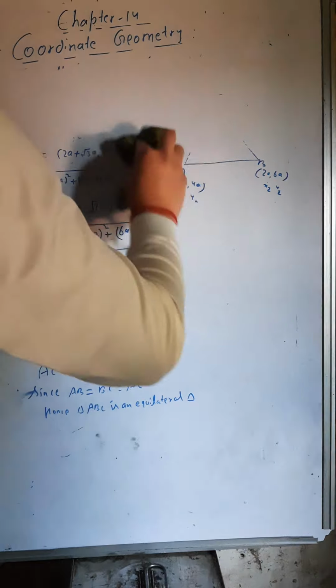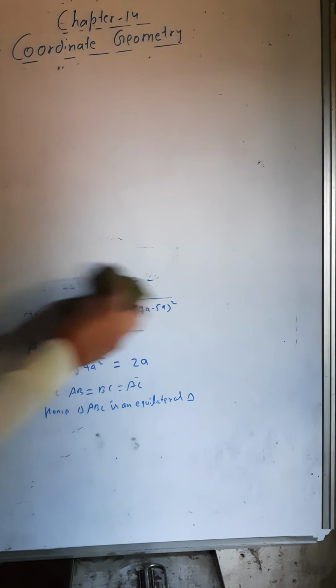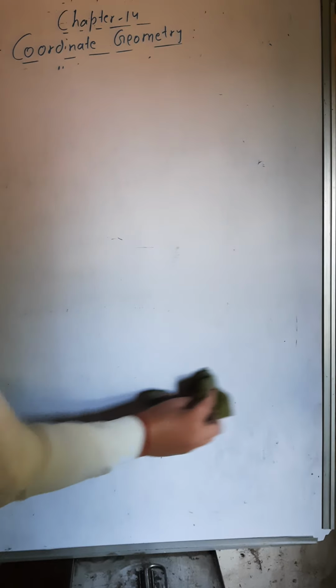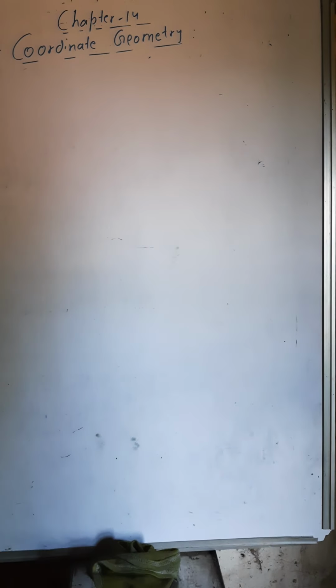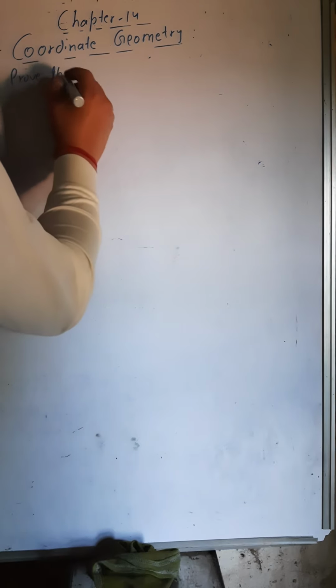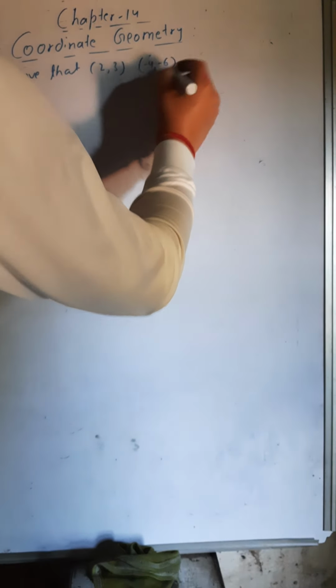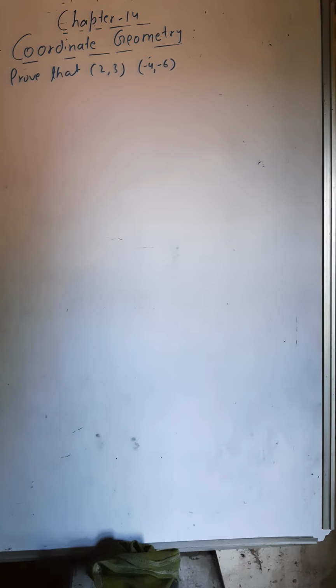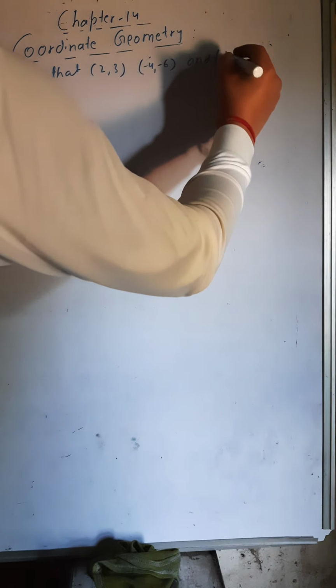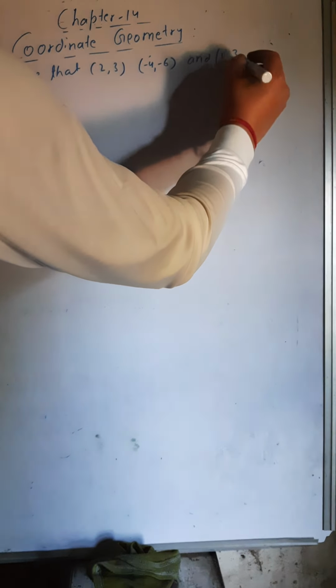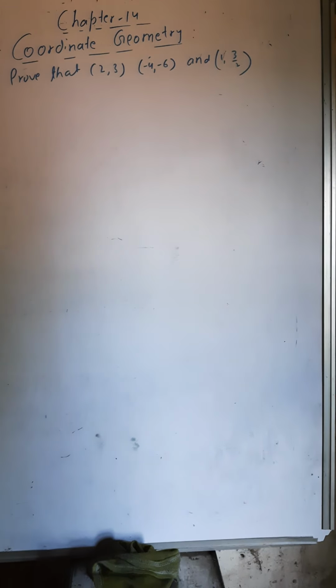Now the second question is, let me write the second question. Prove that 2, 3; minus 4, minus 6; and 1, 3 by 2 do not form a triangle.